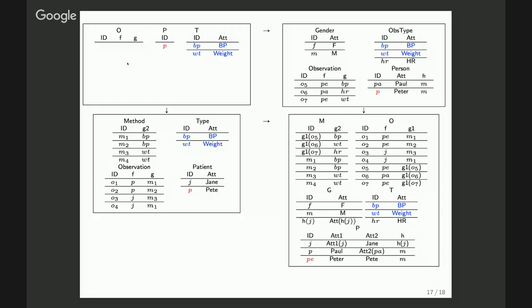Well, one thing to notice is that in the P table, we have Jane, who came from one but not the other. We have Paul, who came from one but not the other. And so in particular, each of those has one attribute that gives their name in the source that they came from, and the other attribute is null. And Pete, who we were calling P, there's only one of him.